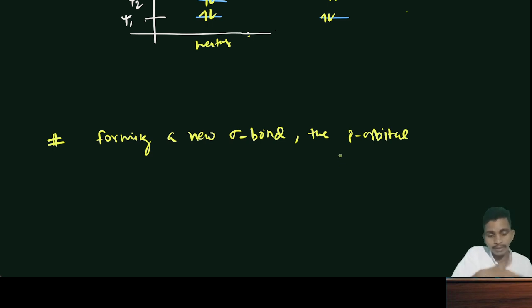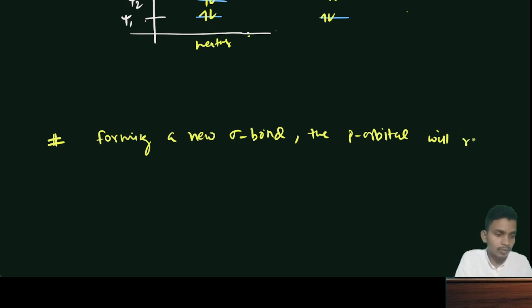Now that the p orbitals are making a sigma bond, the rotation of the p orbital is important to understand, because that was in the pi orbitals and this pi orbital is now making a sigma bond. So for forming a new sigma bond, the p orbitals rotation is needed.